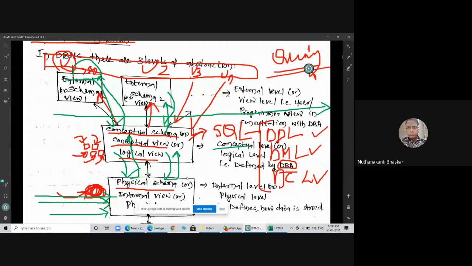Now coming to the conceptual schema. What is the conceptual schema? Here, this conceptual schema is going to categorize the customers as per their service. Maybe all agriculture people may be one category. All credit card people into one category, because different departments are there.